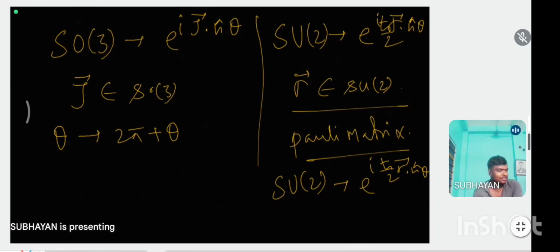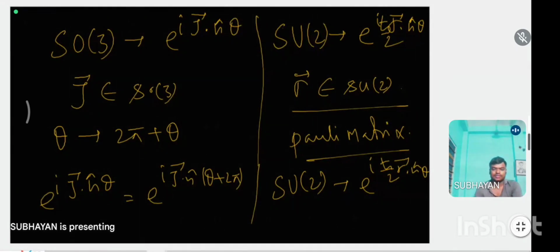So a 2 pi angle of rotation will yield the same element in SO(3), because e to the power 2 pi i is 1. So e to the power i J dot n cap theta equals e to the power i J dot n cap of theta plus 2 pi.